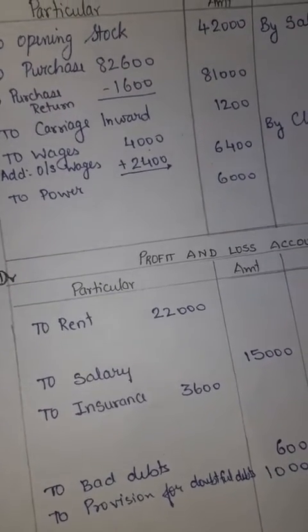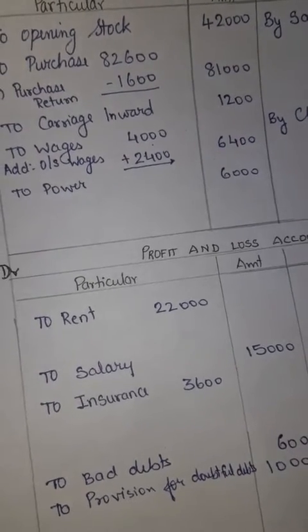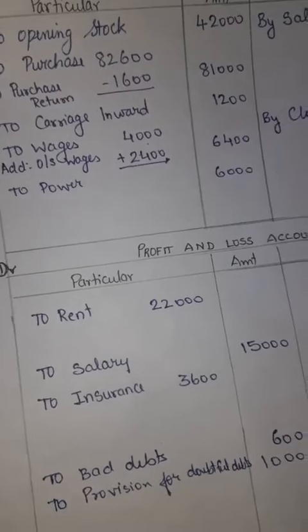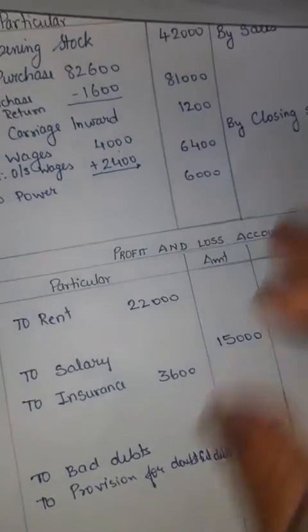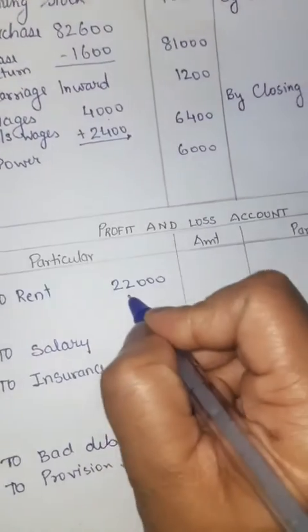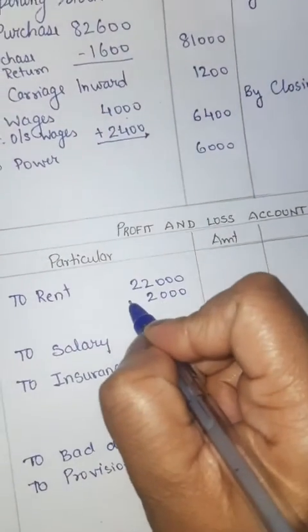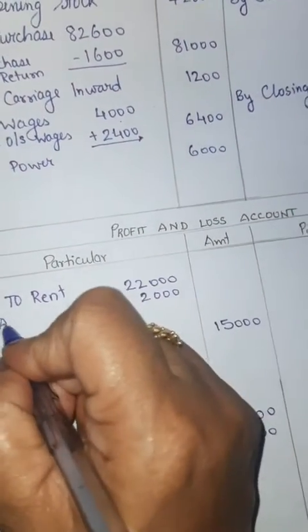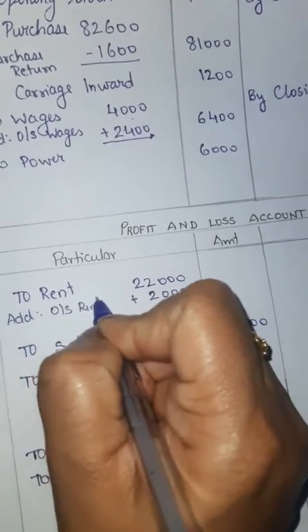What you have to do is 22,000 divided by 11. So that will give you the amount, which is 2,000, that will be added as outstanding rent.